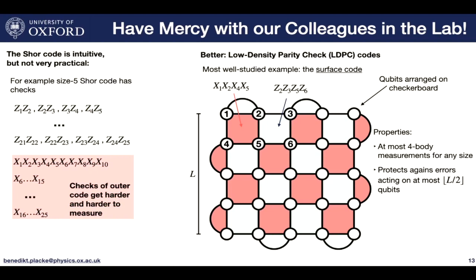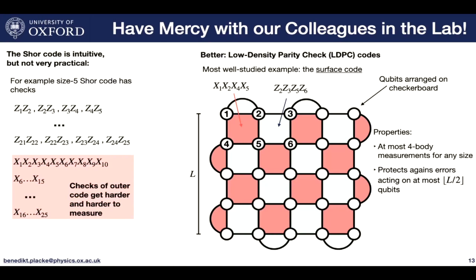The most well-studied example is probably something called the surface code, where you arrange qubits in a checkerboard pattern. This has some size L, so it works for any size of grid. This is a grid of size 5, for example. You put the qubits on the vertices, on these little circles, and then for each face you have an associated check.